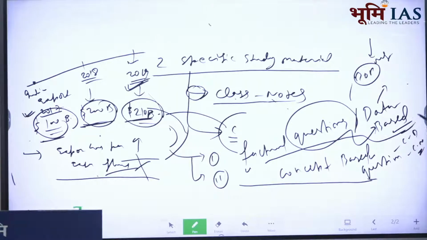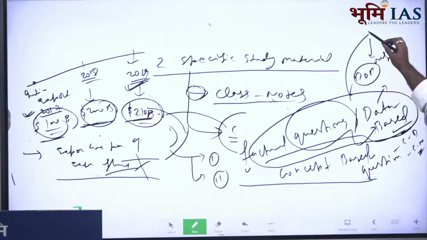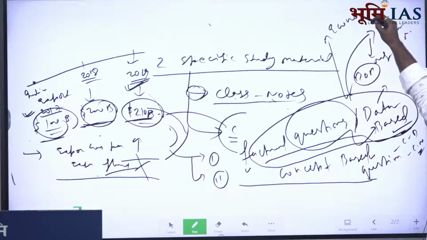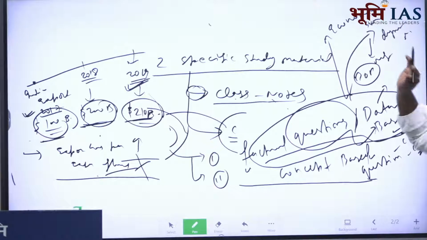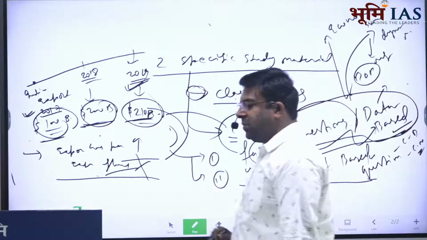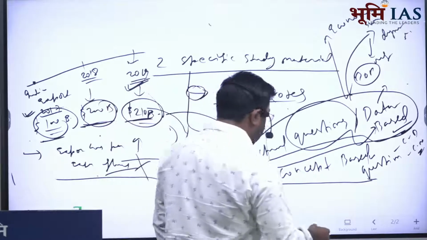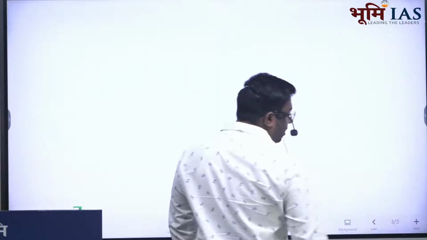As far as data-based questions are concerned, I again want to mention that they are dynamic in their approach. In order to handle such questions, you need to focus on the document I recently mentioned, the Economic Survey. Fine? So all these are essential approaches which you need to develop as far as the topic of BOP is concerned.